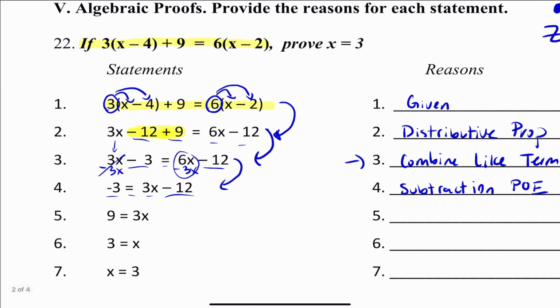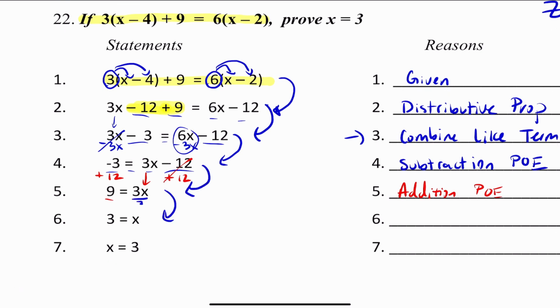Now, I'm going to add 12 on both sides. That's going to cancel. So I have 3x on the right-hand side and negative 3 plus 12. That's 9. So that's the addition property of equality.